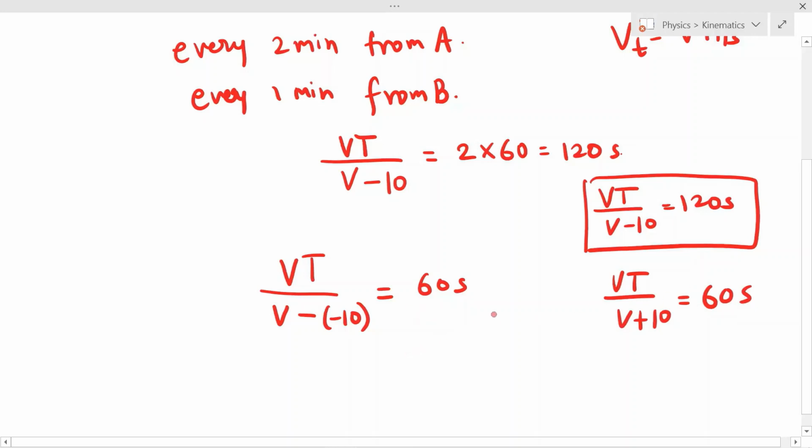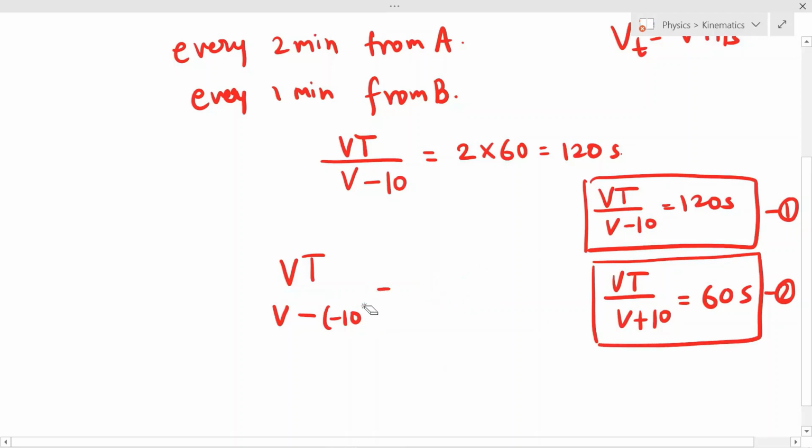Now let's solve it. Let's say this is equation 1 and this is equation 2. Let's take the ratio of these two. So this will be V plus 10 divided by V minus 10, which is equal to 2, because 120 by 60 is 2.